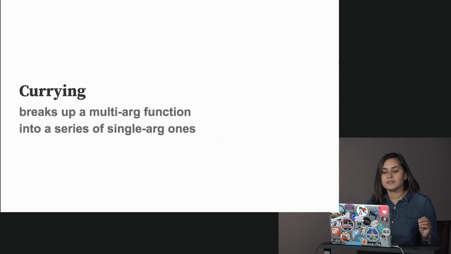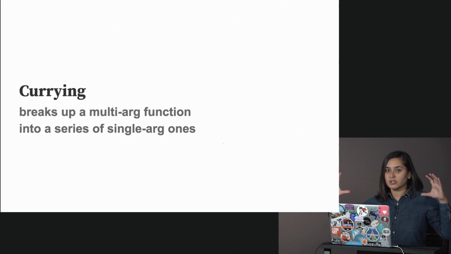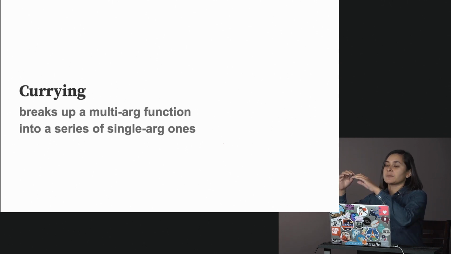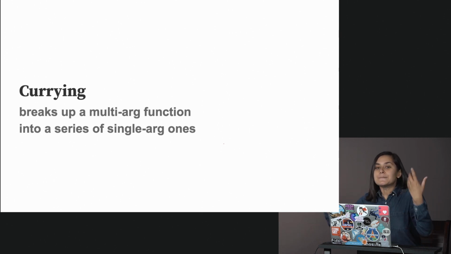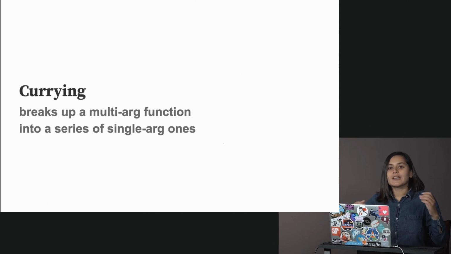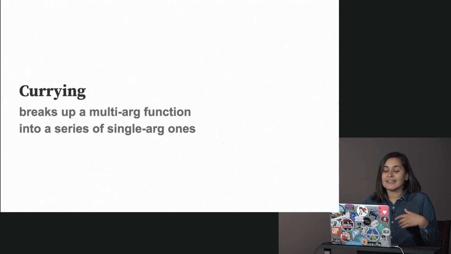Currying is the process of taking a multi-argument function, a function that takes in multiple values as its input arguments, and breaking it up, in a sense, into a series of single argument functions which successively remember the outer scope so that I can partially apply each of those multiple arguments to create, again, more reusable functions that I can use to create more complex programs out of simple functions.